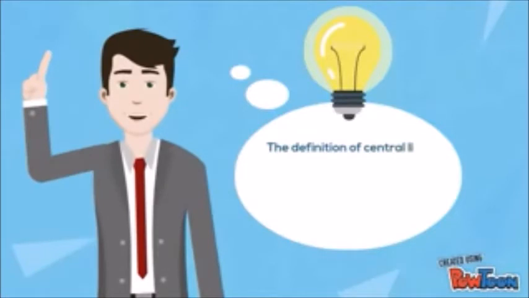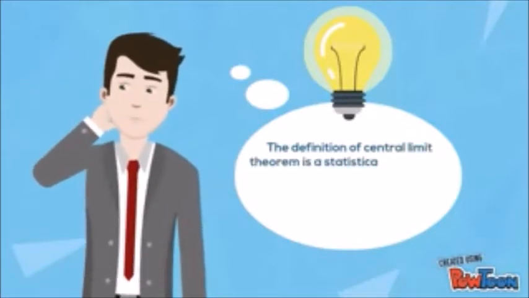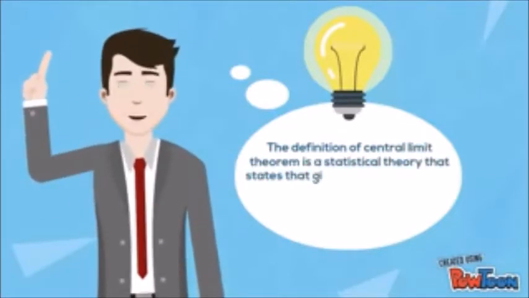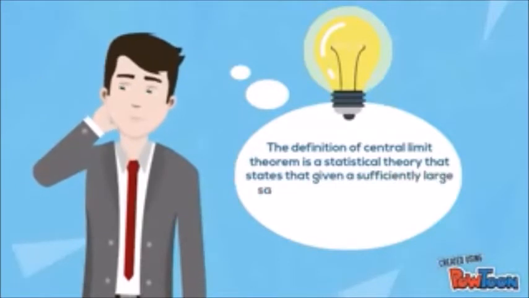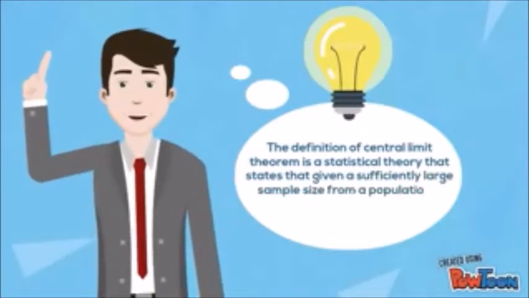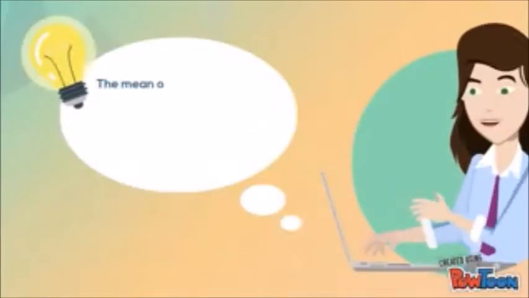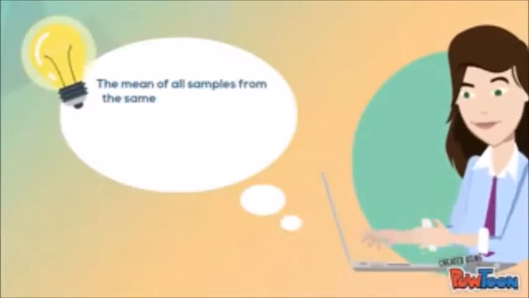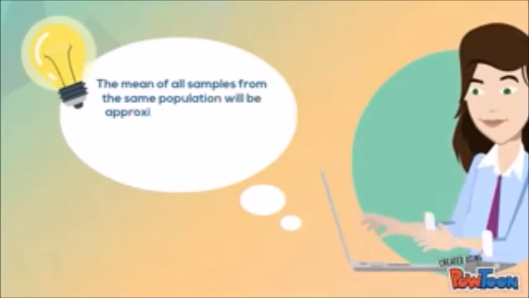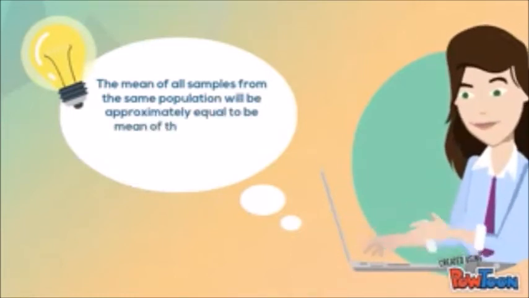The central limit theorem is a statistical theory that states that, given a sufficiently large sample size from a population with a finite level of variance, the mean of all samples from the same population will be approximately equal to the mean of the population.